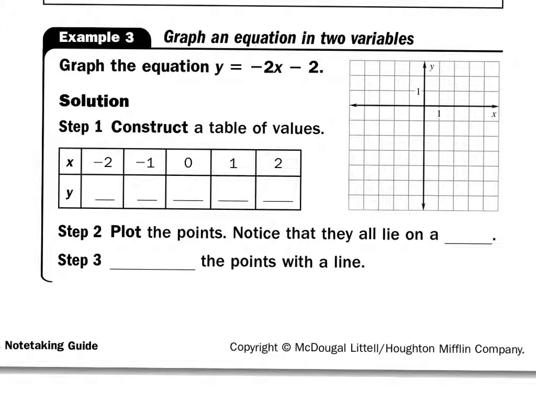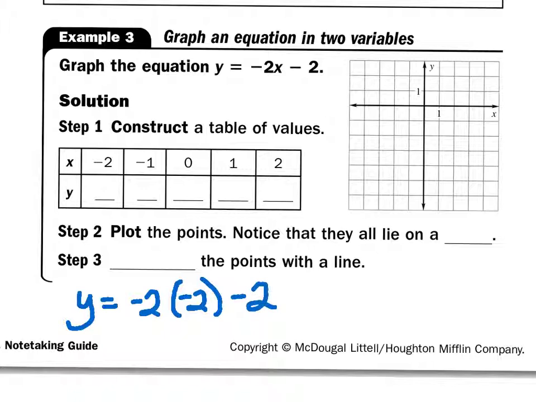So if I put in -2 for x, I will have y equals -2. Remember to make sure you put in parentheses, minus 2. -2 times -2 is +4. +4 minus 2 is a 2.